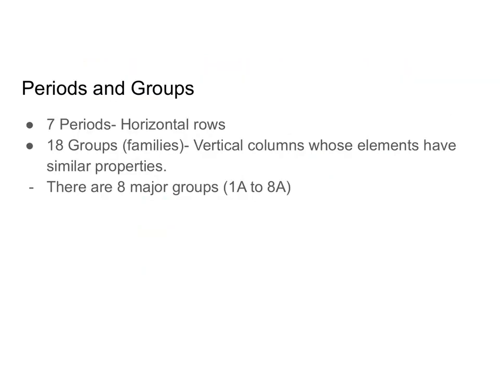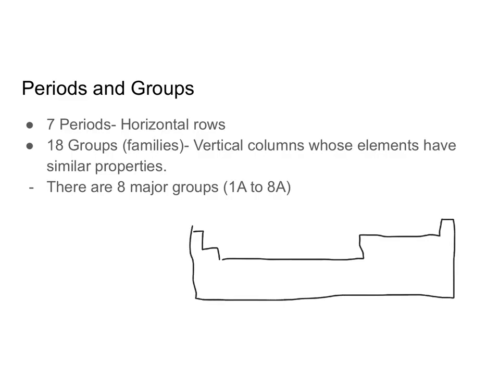So the first thing that we want to note on our periodic table is the periods and groups. We have 7 periods, which are the horizontal rows going across our periodic table. I'm just going to draw, sorry, I had a picture of a periodic table on this slide, but it must not have come over. There's kind of a periodic table.